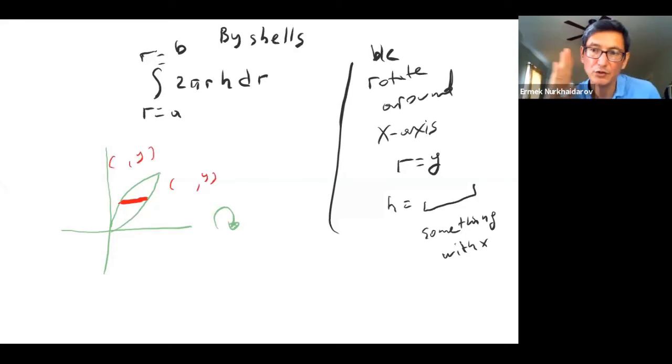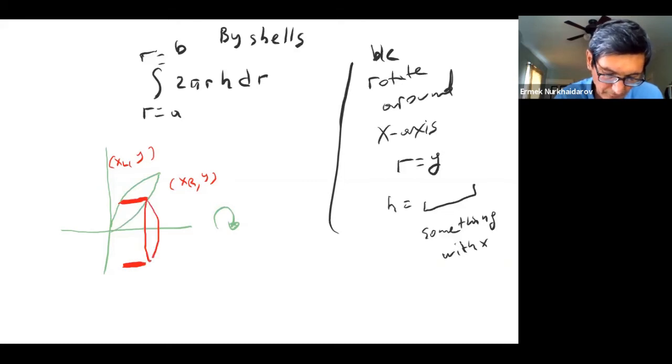One is a little bit to the right, so x right, and one to the left, x left. Mark the endpoints of this interval. Now I rotate that interval. Well, it's not going to be like an interval because it's going to have some thickness to it. Then we see our shell.